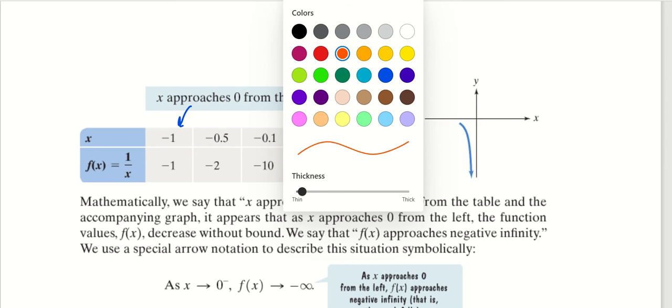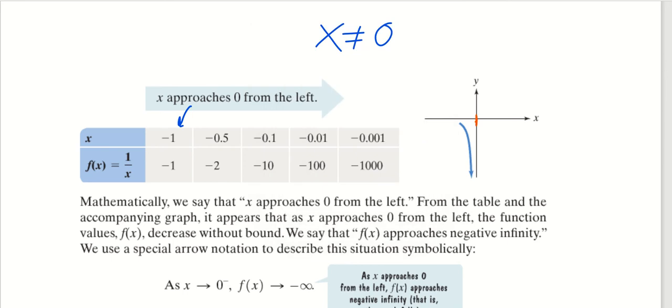If you look at where 0 is on the number line, 0 would be right here, and to the left of it would be negative values. We're taking a sequence of negative values that are getting closer and closer to 0, just to see what happens to the outputs of the function.